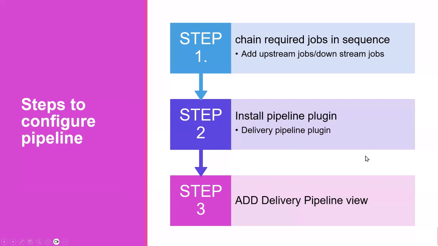Once you have all the jobs ready or a sequence of jobs defined in a pipeline, that will be viewed with the delivery pipeline view. That will give clarity, and you can see the sequence, what job is executed successfully, what job is in process, what job is still not yet processed. So these are the different states we can view from this delivery pipeline view.